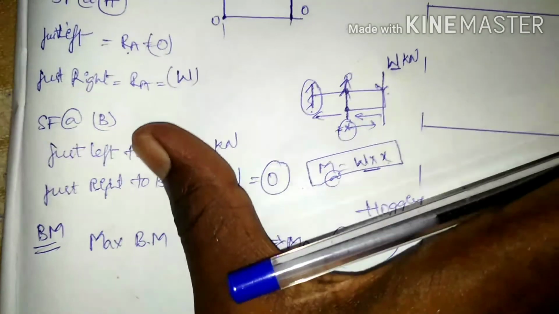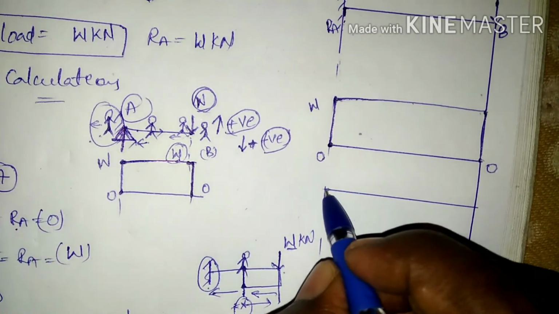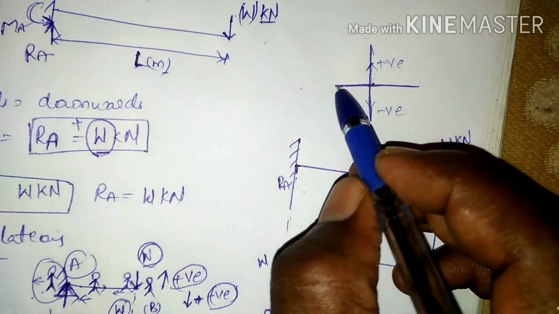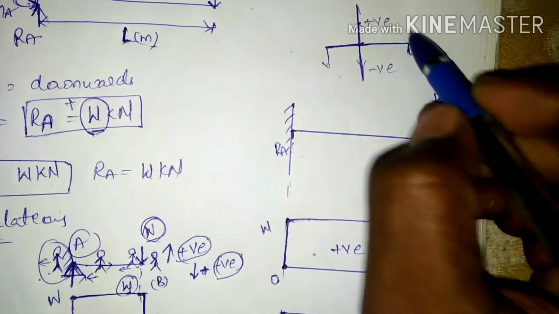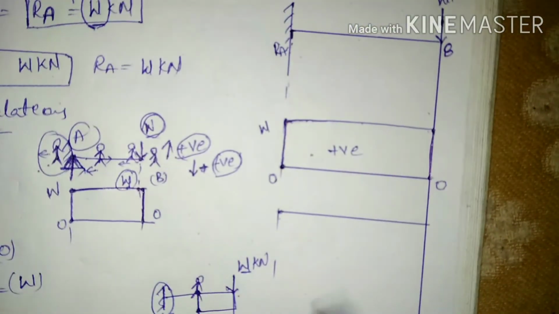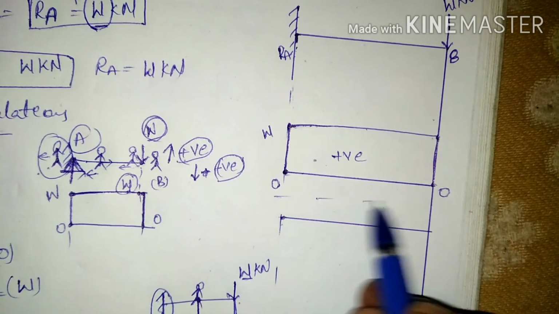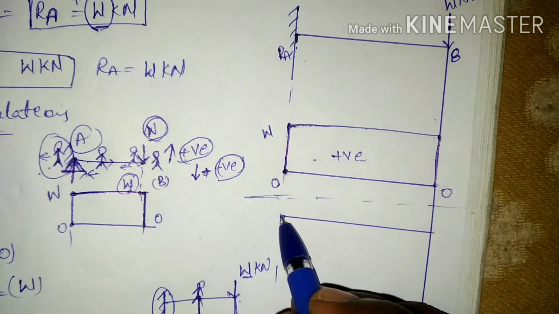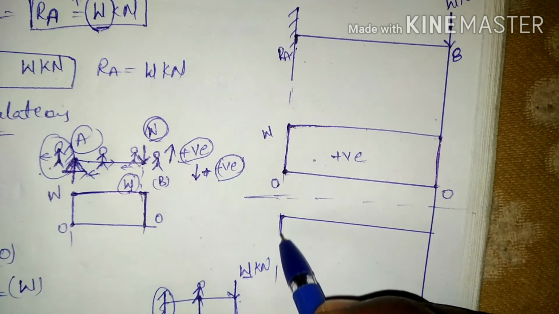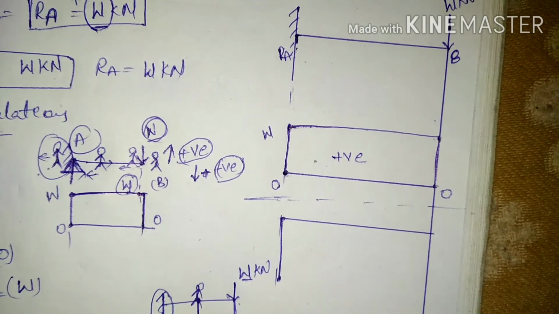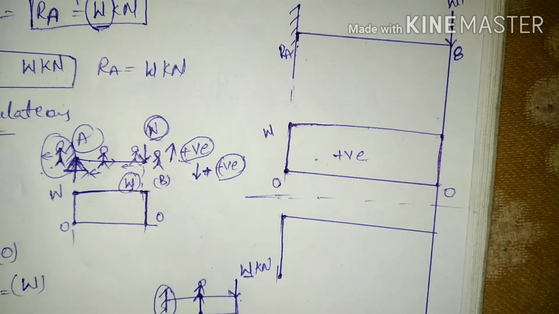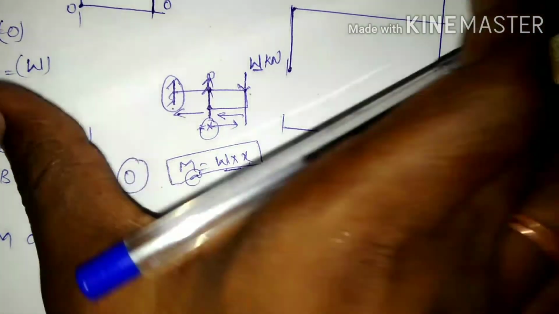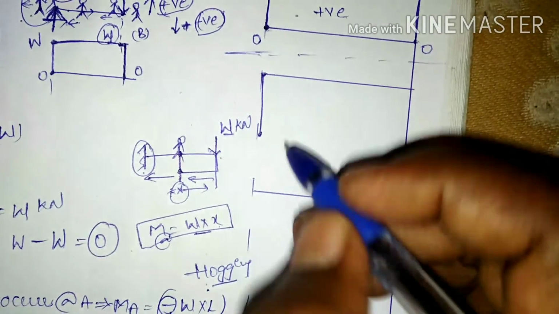So we are going to draw the diagram. Here this is positive, same as the quadrants we have discussed. This is the negative direction and this is the positive direction. In the similar way, let us think that this is the ordinate, a reference line for both the SFD and BMD. Here the negative direction goes downward, in units of kilonewton meter, because W is in kilonewton and length is in meters.